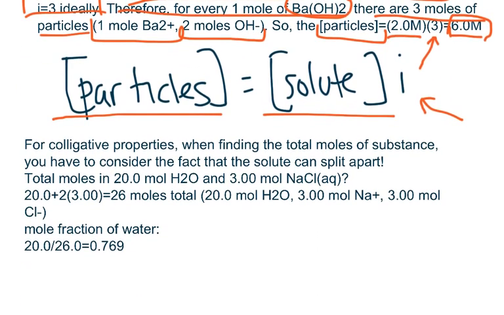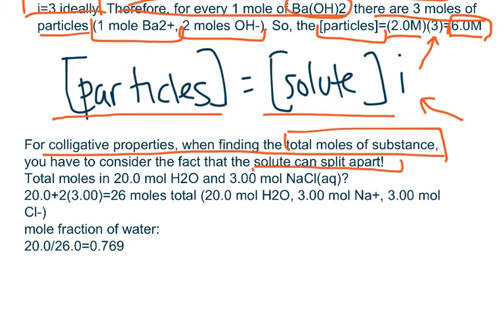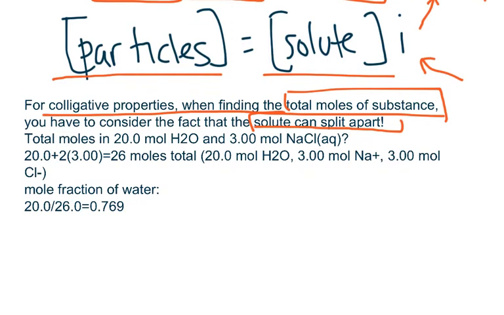Now, for colligative properties, there are other things that you also have to do. When you're trying to find the total moles of substance, you have to consider the fact that the solute can split apart into many moles of substance. So, for example, if I had 20.0 moles of water and 3.0 moles of dissolved sodium chloride in water, then how many total moles do I have?